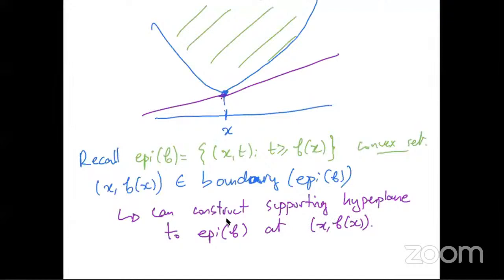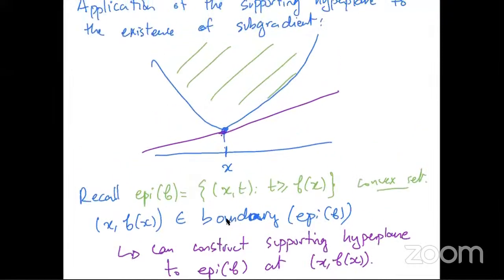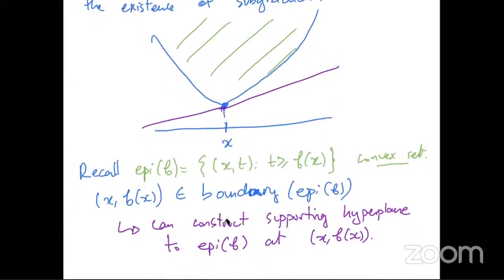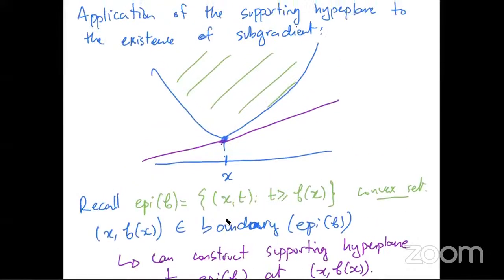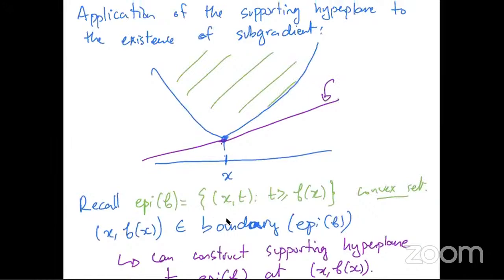And as you can see in the picture, it is visually clear that this supporting hyperplane is going to give you the subgradient. So this is a supporting hyperplane to the epigraph at (x, f of x).